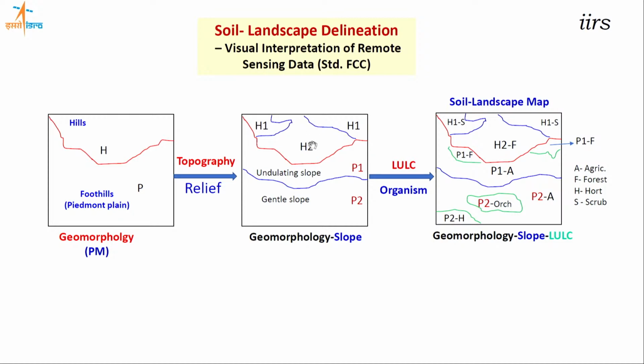Then this topography is further divided based on the land use land cover, and doing that, in each polygon you get, soils are the same, and you can collect the samples from any point. This is the easy method of soil landscape delineation, and you can achieve it by visual interpretation of remote sensing data.